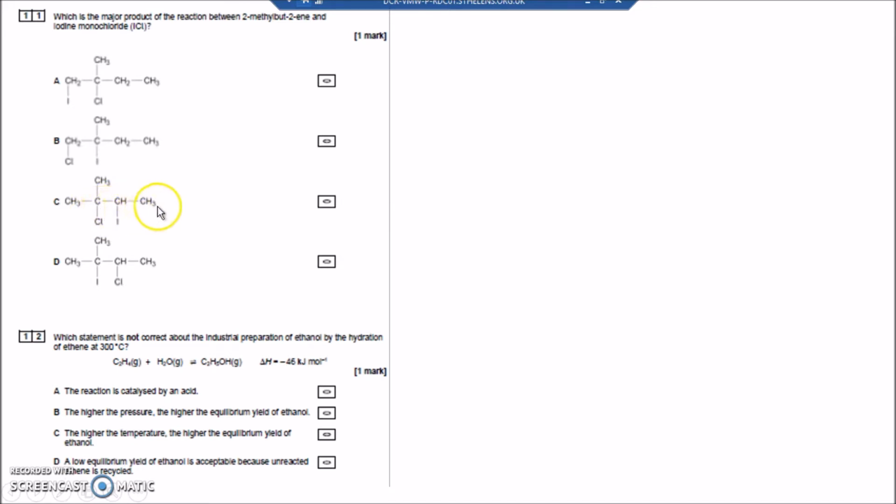So now, instead of HBr, you've got ICl. So which way round is the delta plus and delta minus on ICl? Well, Cl is more electronegative than I because it's a smaller atom and withdraws electrons closer into its nucleus more readily, so more strongly. So it will be delta plus on the I and delta minus on the Cl.